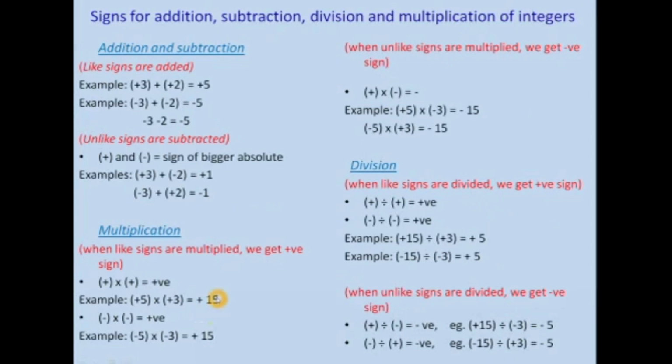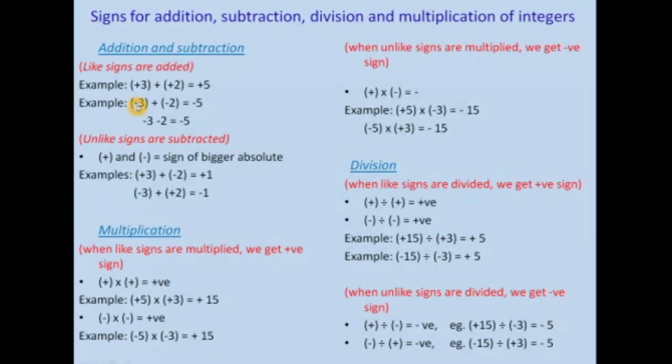Now let us learn the signs for addition, subtraction, division, and multiplication of integers. In case of addition and subtraction, like signs are added. Let us take an example. +3 and +2 are like signs, both of them are positive, so they are added, and the answer is +5.